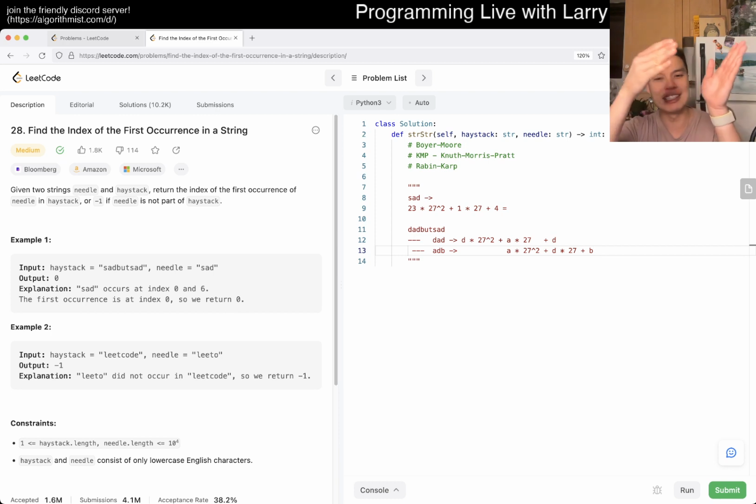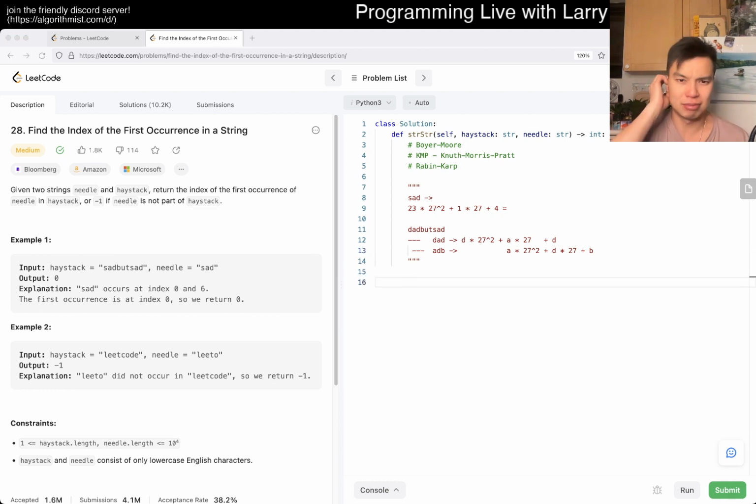So you can kind of see the pattern: we subtract this part, and then we shift the rest by multiplying everything by 27, and then you add the B. And then just keep on doing it. So that's basically how I would rederive Rabin-Karp from first principles. Yeah, that's basically the idea, really.